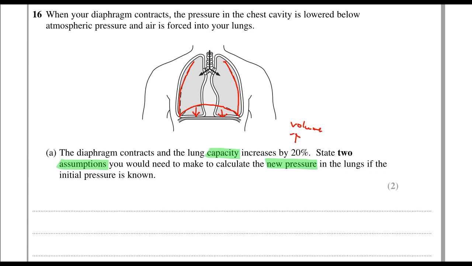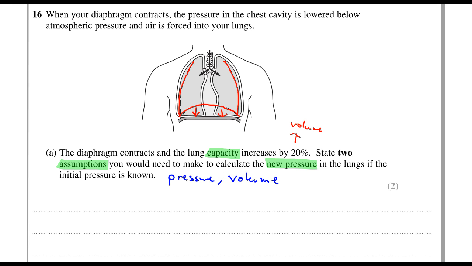So what we have here is a change in pressure, and we know the initial pressure. Also the volume changes.